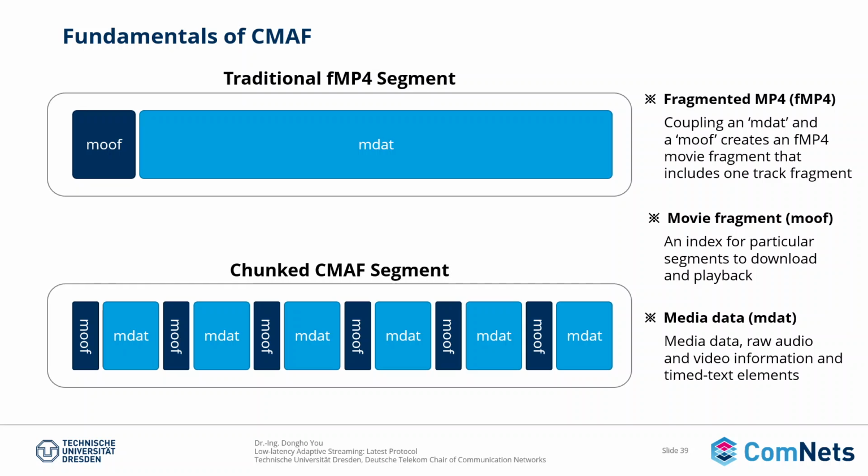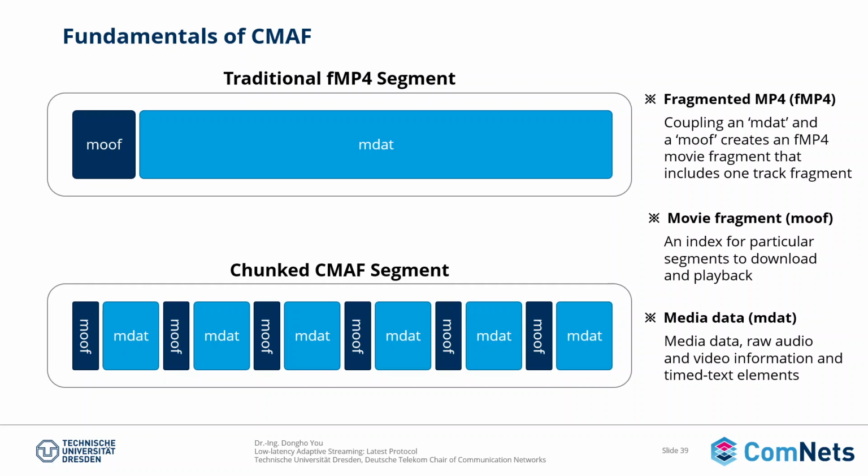As I said, the conventional HTTP-based streaming protocol such as DASH uses the fragmented MP4 structure we call FMP4. As you know, this allows coupling media data, MDAT, and movie fragment, MOOF. Here, MOOF is an index for particular segments to download and play back.